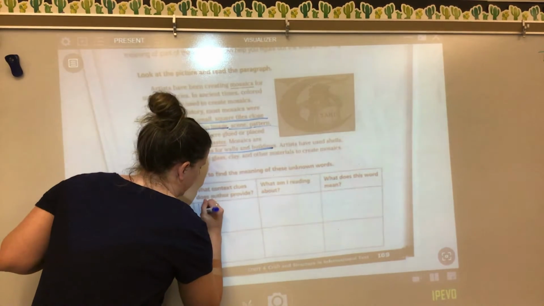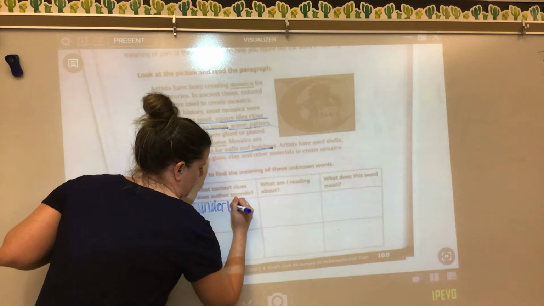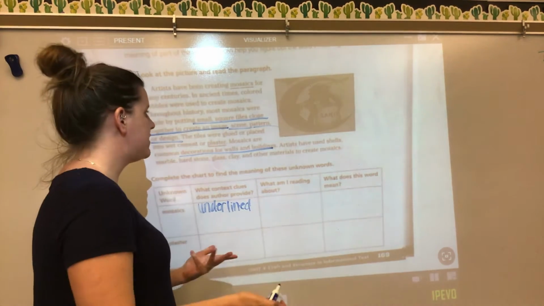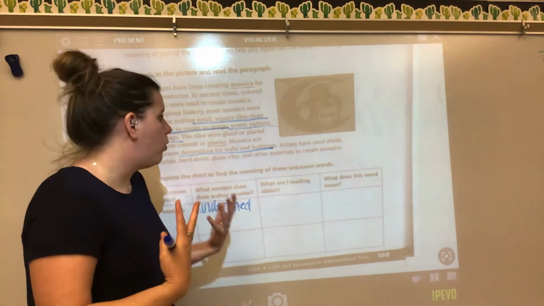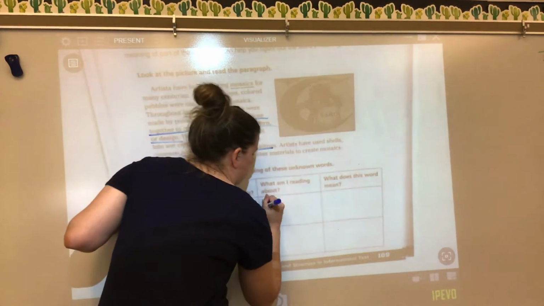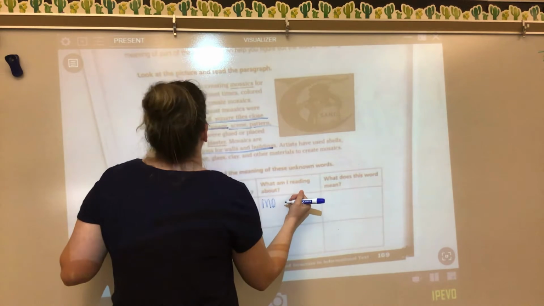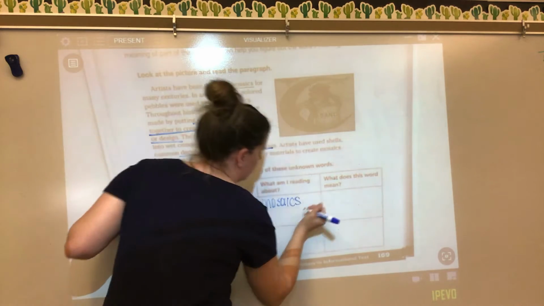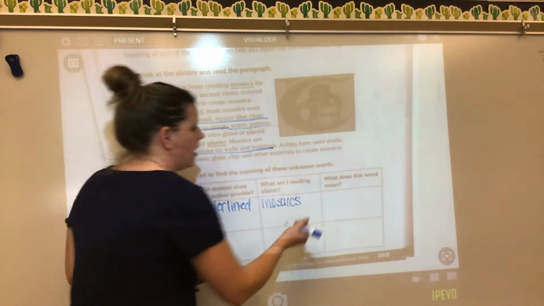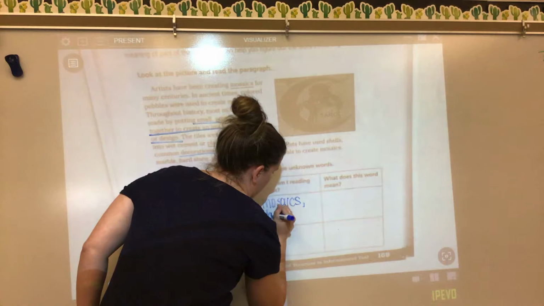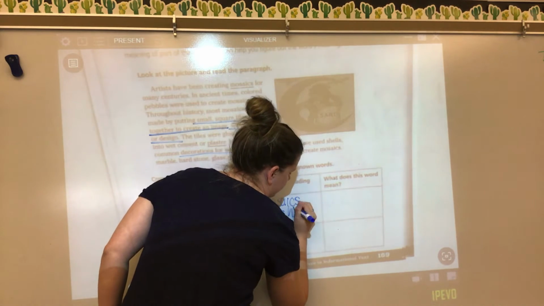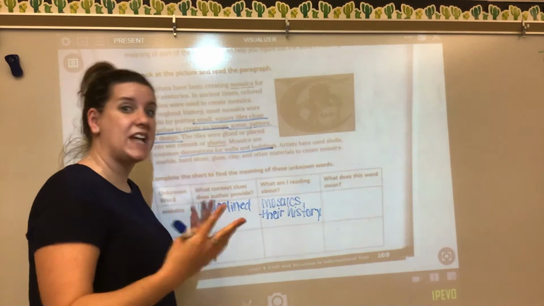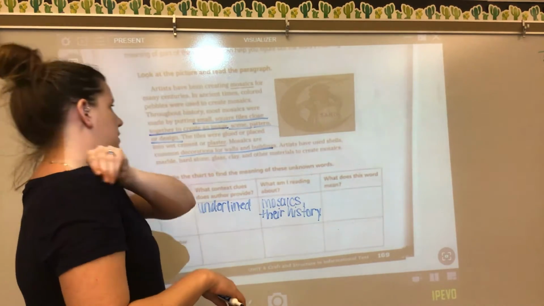So I'm going to put underlined instead of writing everything out. What am I reading about? We're obviously reading about mosaics and their history, I would say, because they are talking about the timeline of mosaics. And what does this word mean?